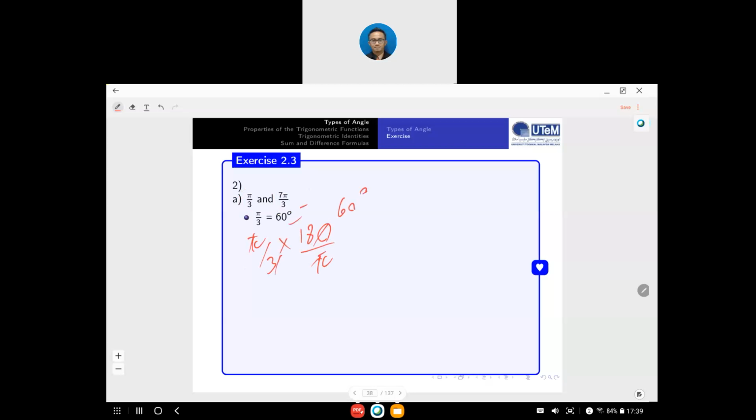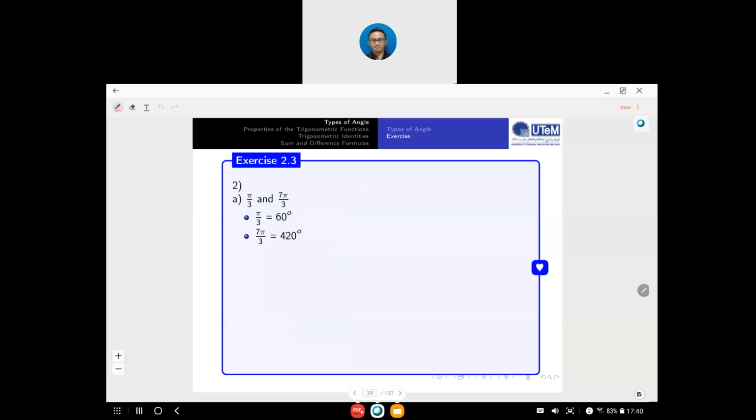And then convert 7 pi over 3 by 180 over pi. So this one you can get 420 degree.